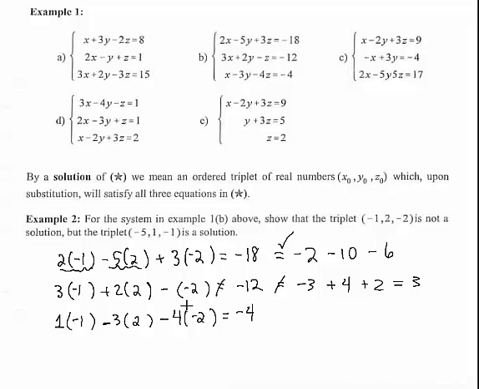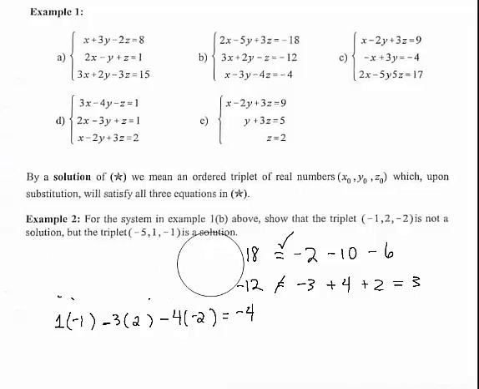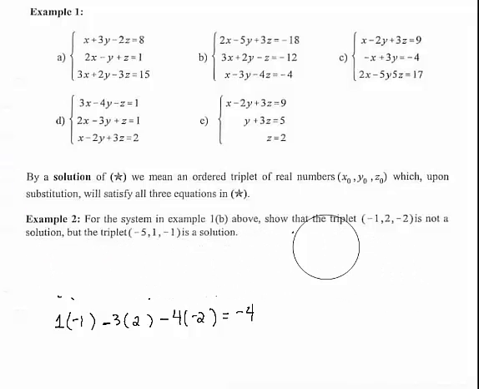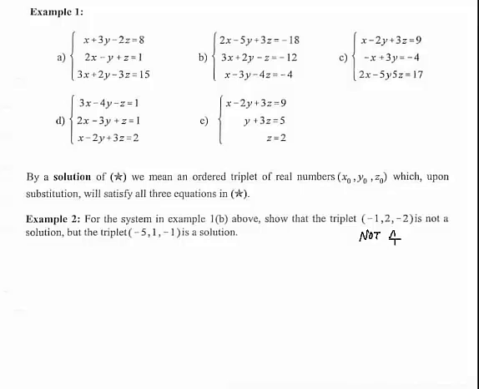And we can stop right there, because if these three numbers do not satisfy one of the equations, then it is not a solution to the system. Even if the numbers work for the third equation, they don't work for the second, so this is not a solution to the system.